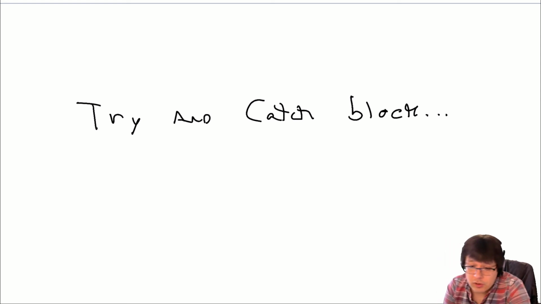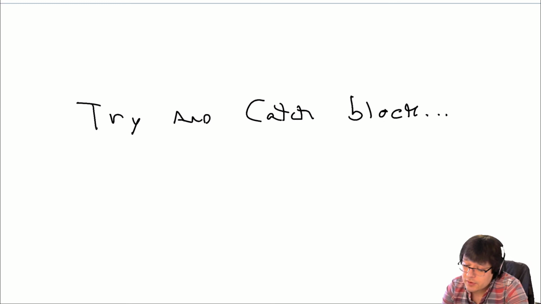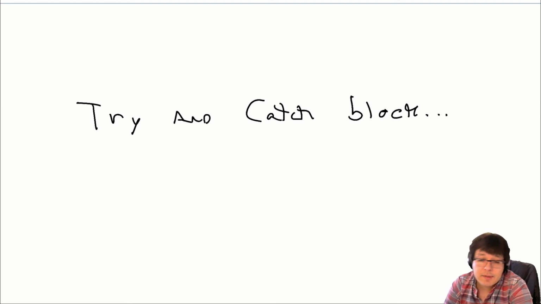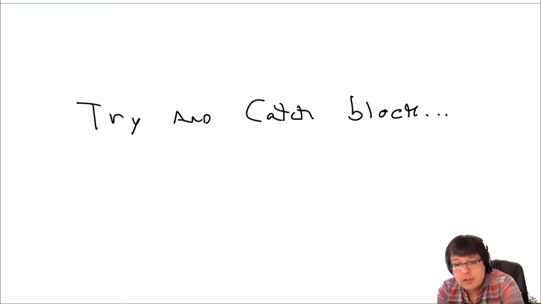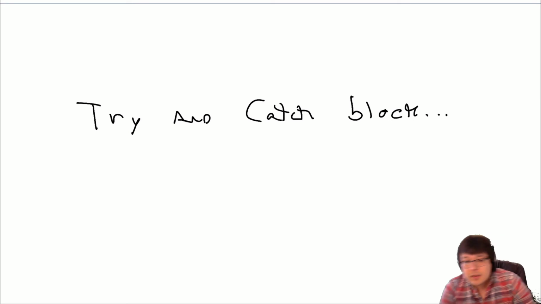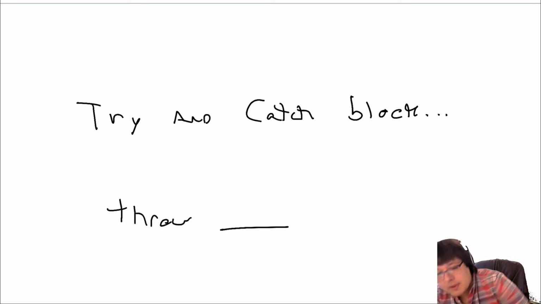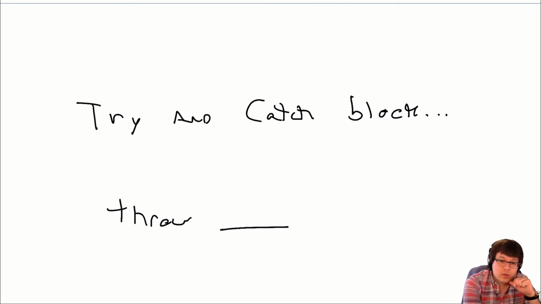So what is the try catch block? When you're dealing with exceptions and you want to generate one, you use the throw command. It's a special keyword in C++, and you would do it something like this: throw, and then something that you're throwing.